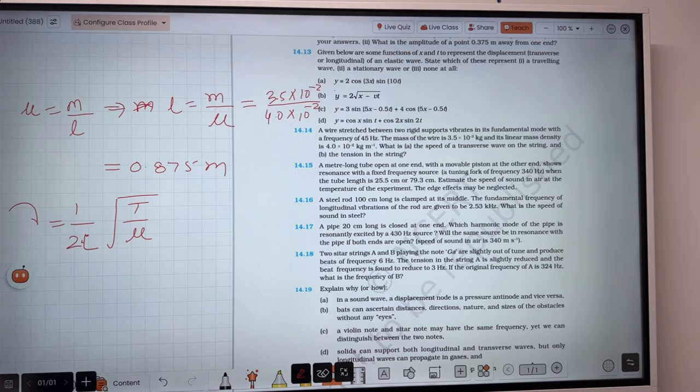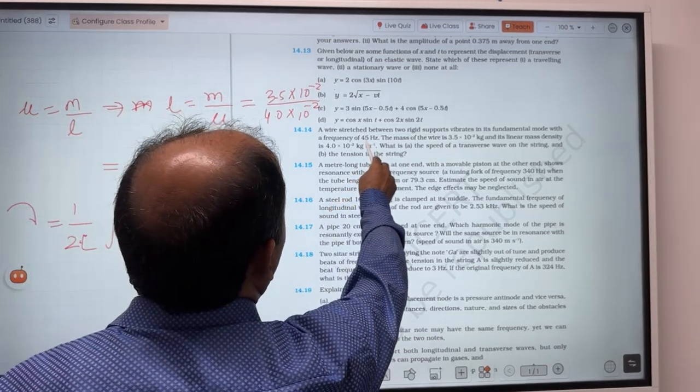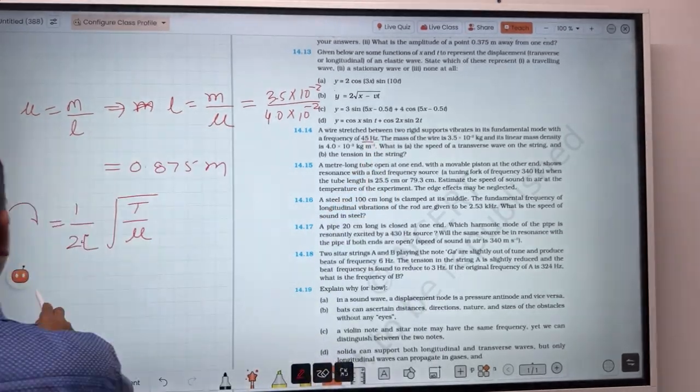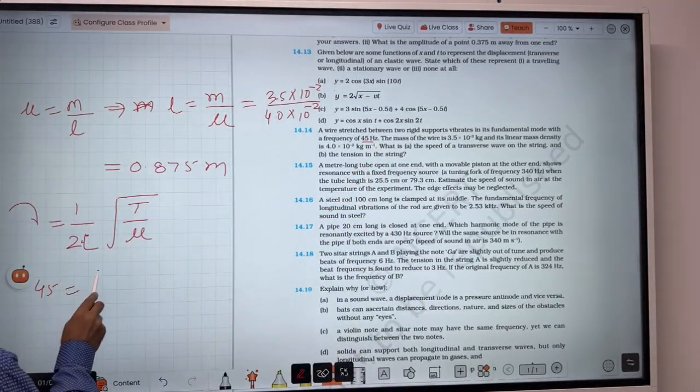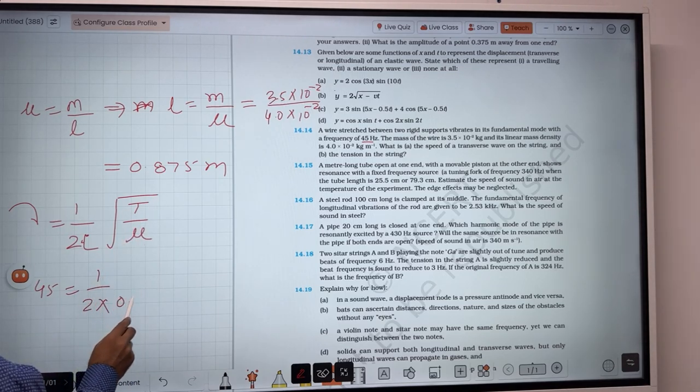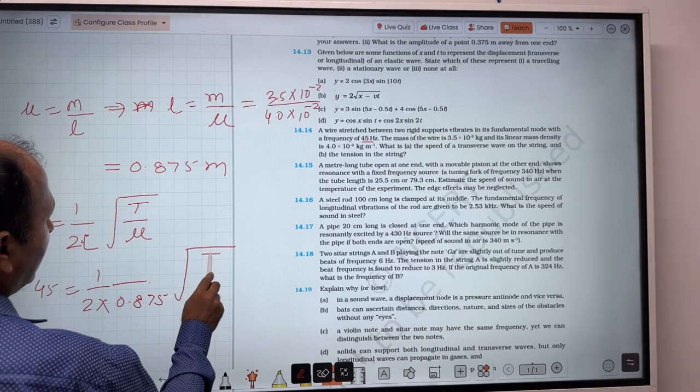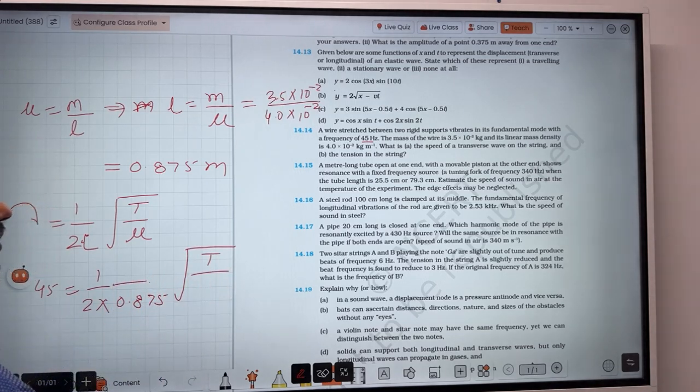So nu, the frequency, is given in our question. This is 45 Hertz. So we can write here 45 equal to 1 upon twice the length. Length we have evaluated, 0.875, and then root of tension divided by mu.